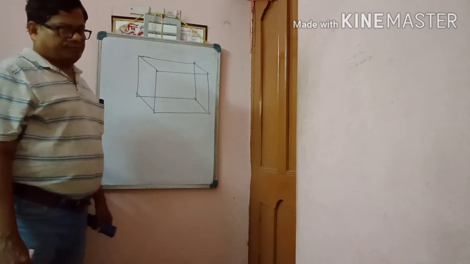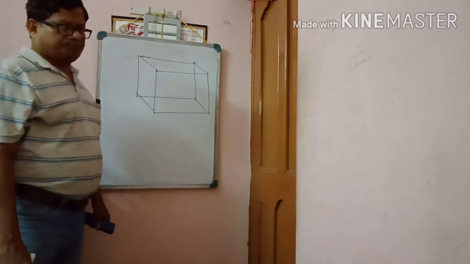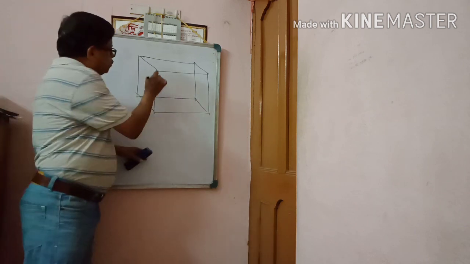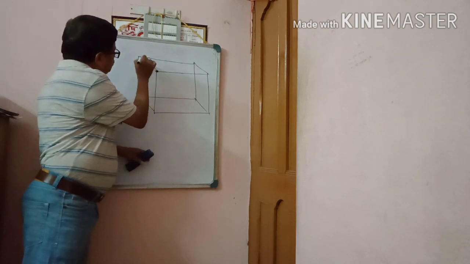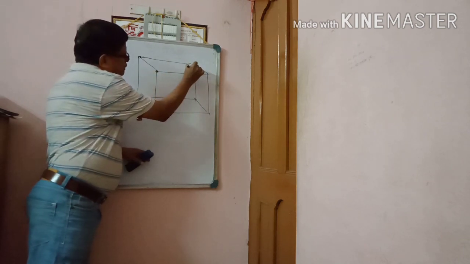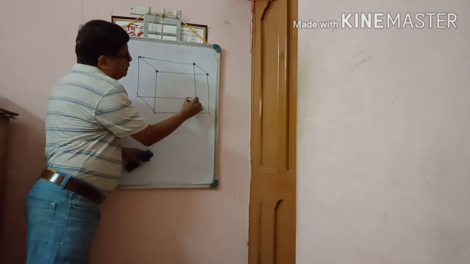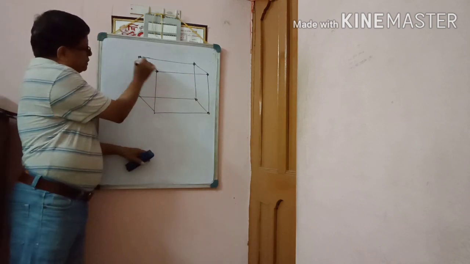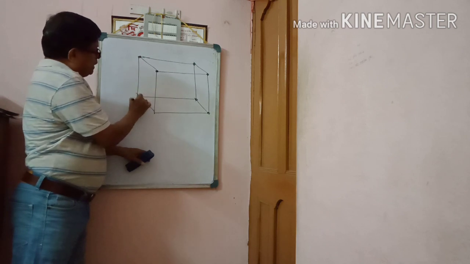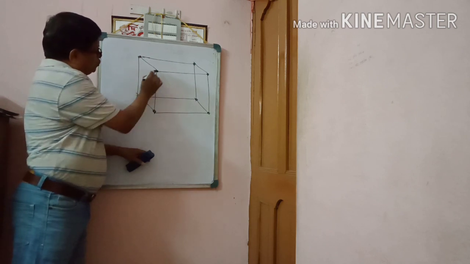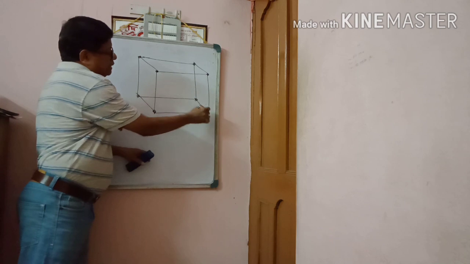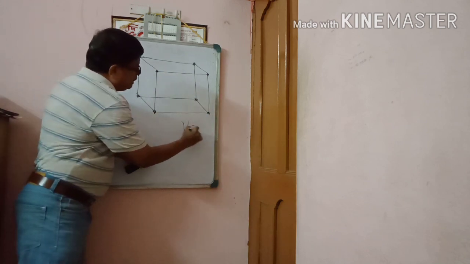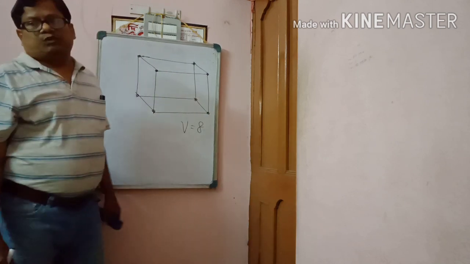Look here, cuboid figure. So this is one vertex, these are vertices. How many vertices are there? Look here. Yes, 8 vertices: 1, 2, 3, 4, 5, 6, 7, 8. So vertices are 8.